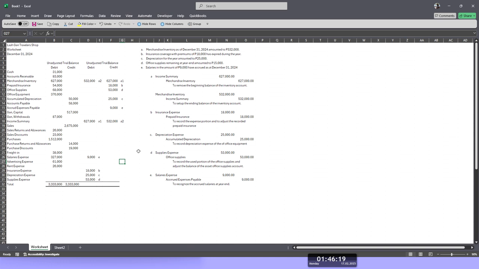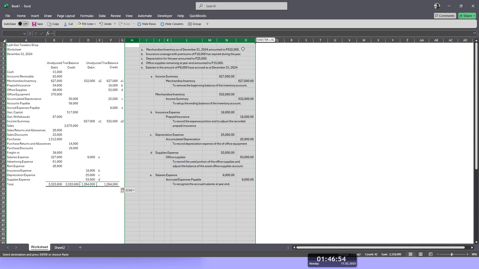Okay, and here the adjusting entries have been posted to the 10 columns worksheet. So let's determine the totals of the debit and credit adjustments. Control C, and there, the debit and credit entries of the adjustment are also equal.